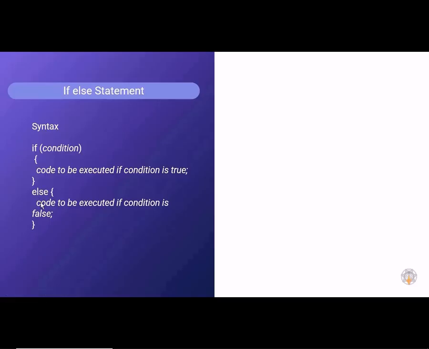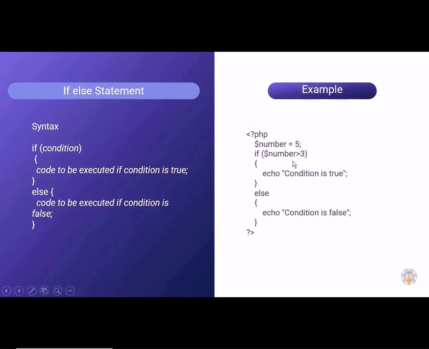So this is the example of the if else statement. We are just extending the last program with an else statement. Here again I am checking whether the number is greater than 3. If that condition is true, then it will print the output "condition is true", else it will print "condition is false". I will show you the example afterwards.